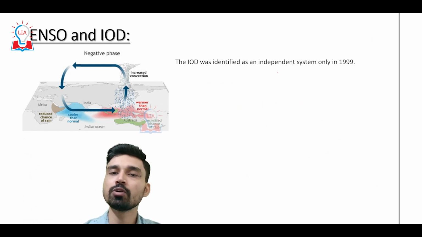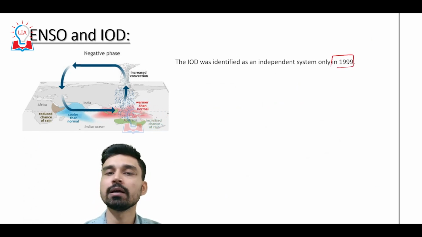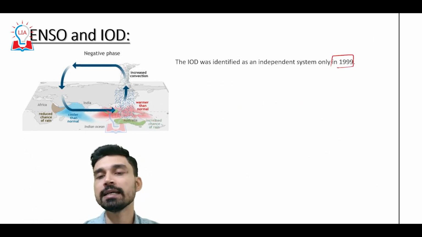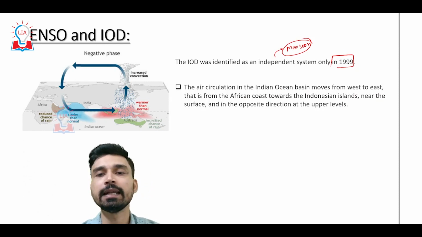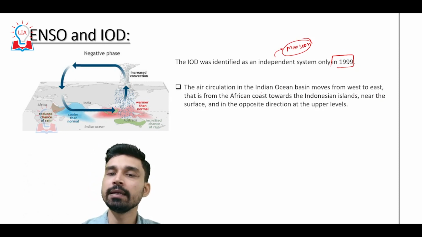So if you look at it historically, IOD was first identified as an independent system that also has an influencing role on monsoon somewhere in the year 1999. So basically what happens, the air circulation in the Indian Ocean basin moves from west to east.